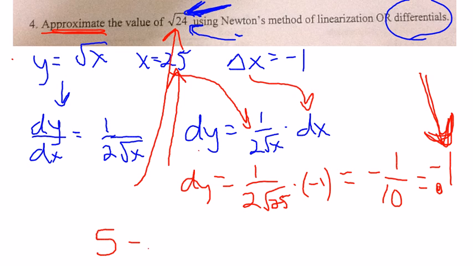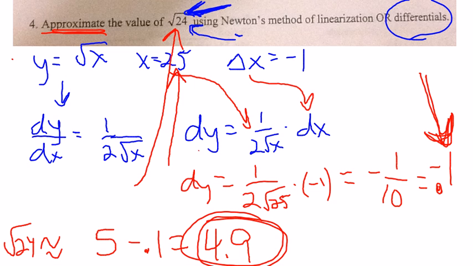So minus 0.1, which gives me an approximation. So root 24 is approximately 5, which is the root 25, minus 0.1, which is equal to 4.9. And if you try this on your calculator, if you type in root 24, you'll get a number that's very close to this. So actually, it's a really good job.